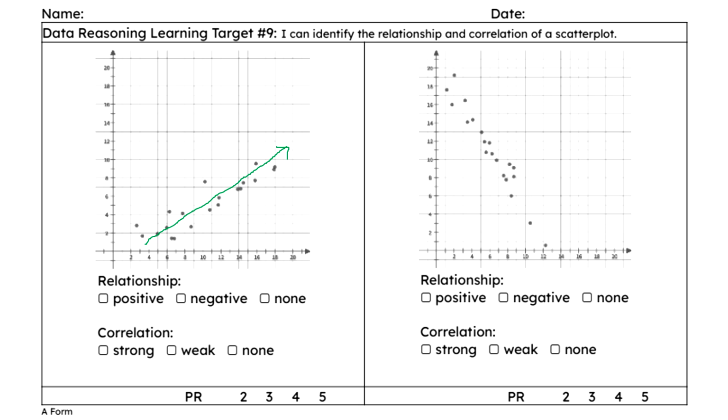We call that having a positive relationship. If the graph were to go downwards from left to right, we call that negative. If the dots are scattered all over and you can't see a definitive upward or downward motion, then that would be no relationship. Since this goes up, this is a positive relationship.